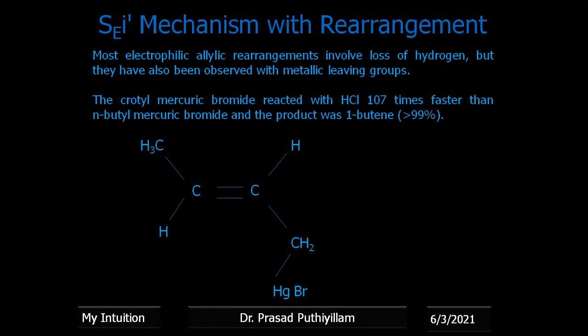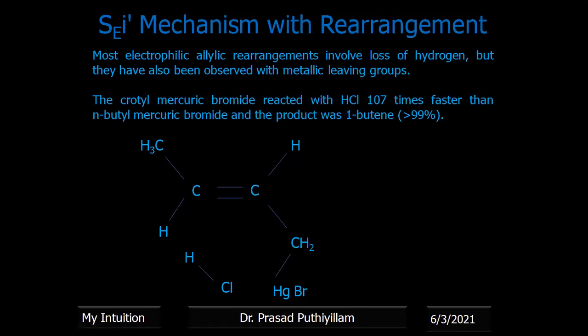So crotyl mercuric bromide reacts with HCl, H single bond Cl. Here H can act as an electrophile. Cl will assist the attack of the electrophile by internal assistance. So the double bond here goes with the carbon and combines with the H, so that the HCl electrons shift towards mercury, and this bond shifts to the alpha position.